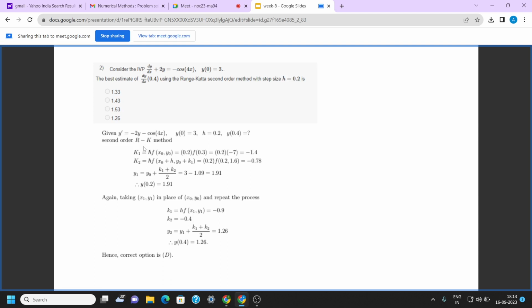first what we will calculate, k1 will be given by h times f of x naught comma y naught, right? So here h is what, 0.2, then just substitute the value of x naught, y naught.